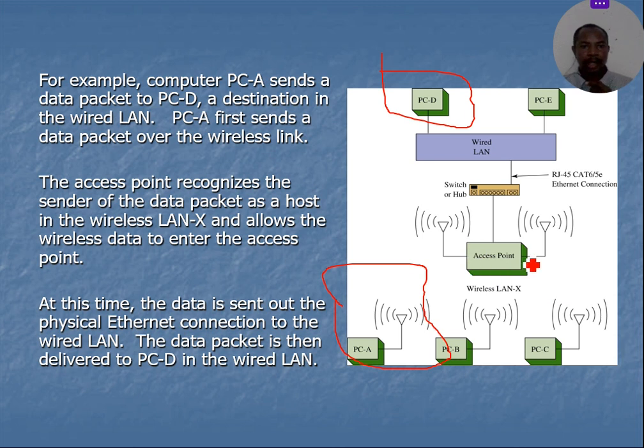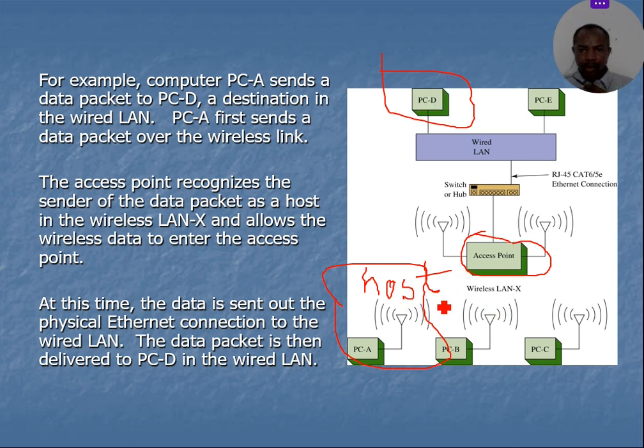The access point recognizes the sender of the data packet as a host in the wireless LAN X. The access point is the first to recognize the data packet and the host, the sender, as a host in the wireless LAN. So the access point recognizes that PC A is the sender, sending this data packet to a wired LAN. LAN means local area network.